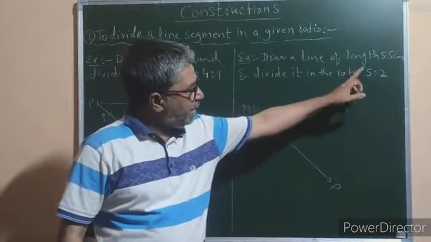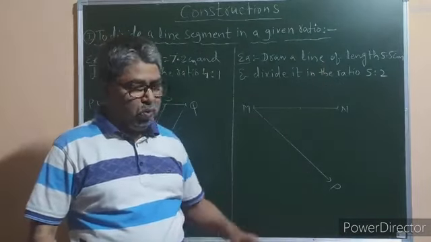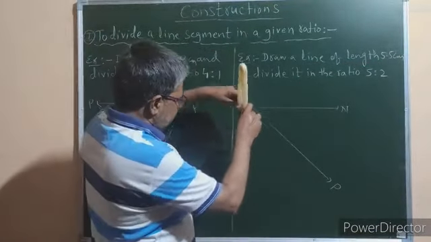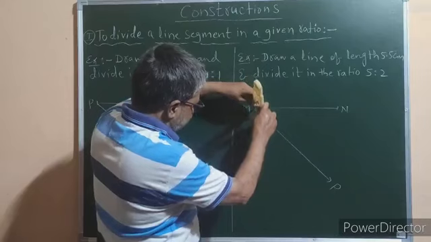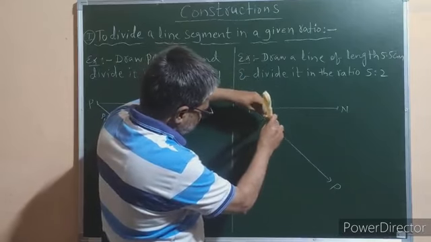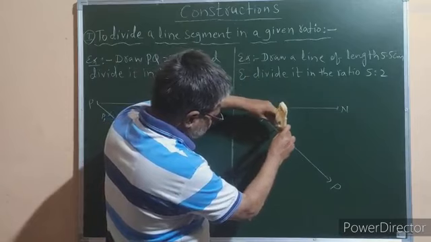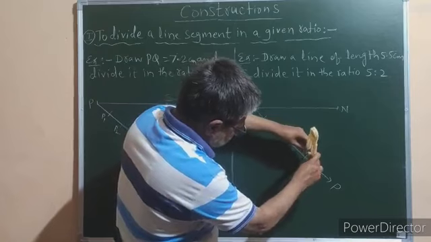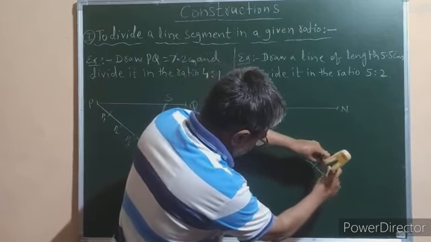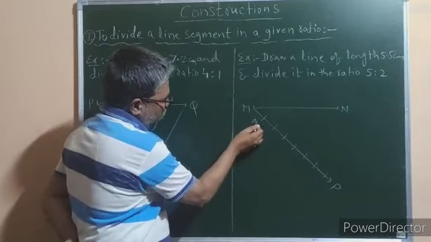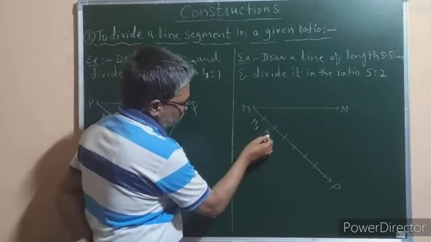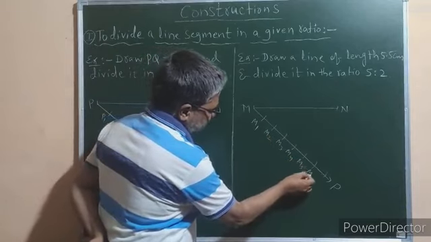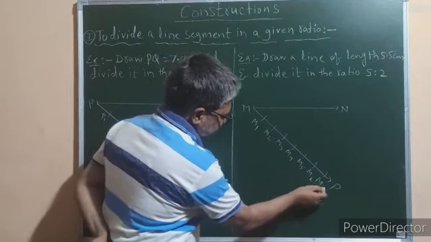Now add the terms of the ratio. 5 plus 2 will be 7. So you have to cut this ray MP 7 times. 1, this is 2, this is 3, this is 4, this is 5, this is 6, and one more is 7. Okay, you name them as M1, M2, M3, M4, M5, M6, and lastly M7.